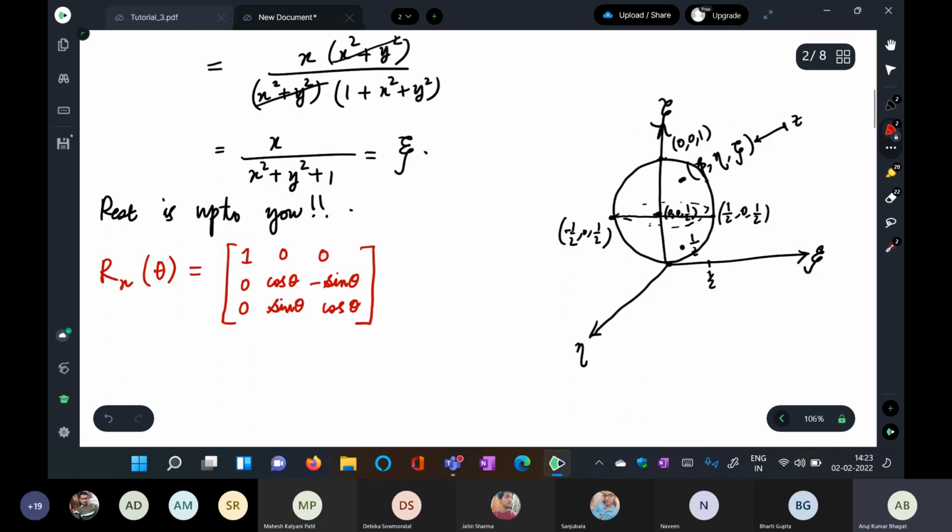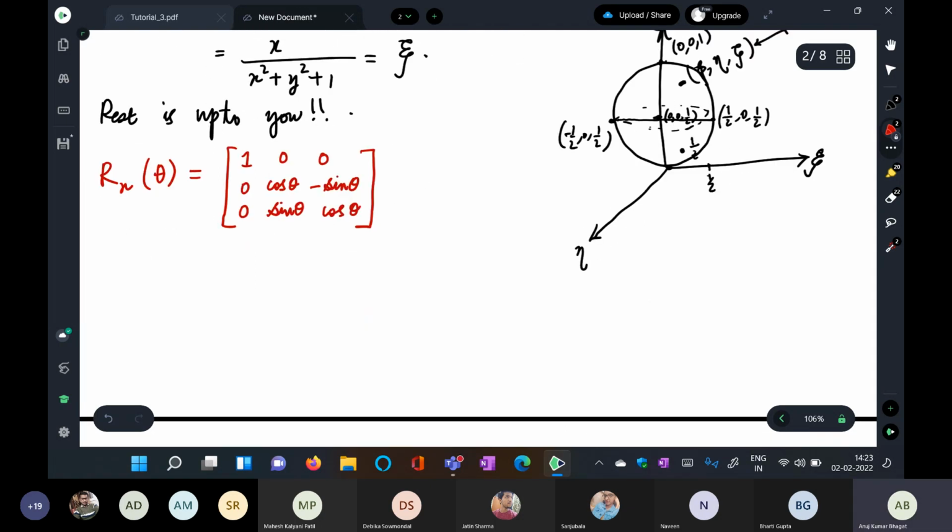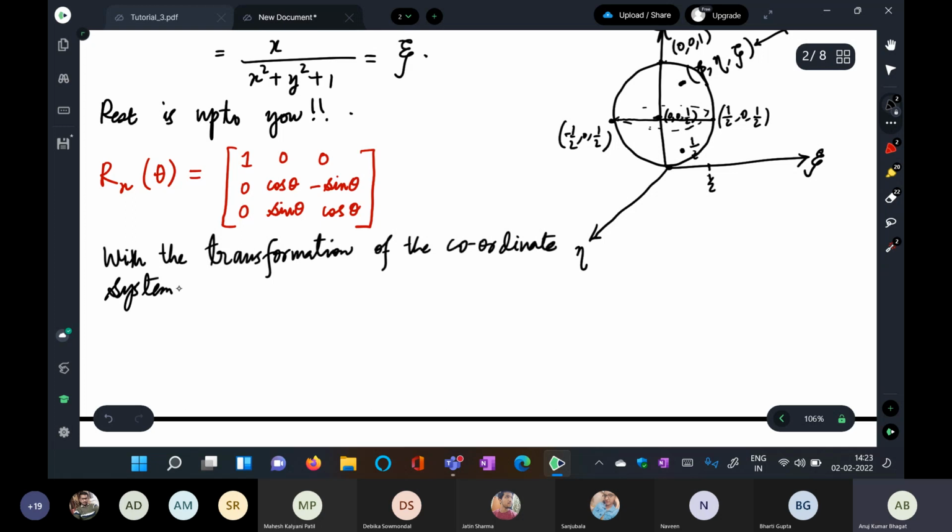So what I have to prove... before that, let me write something else first. So with the transformation of the coordinate system, you take this as... I am taking something.